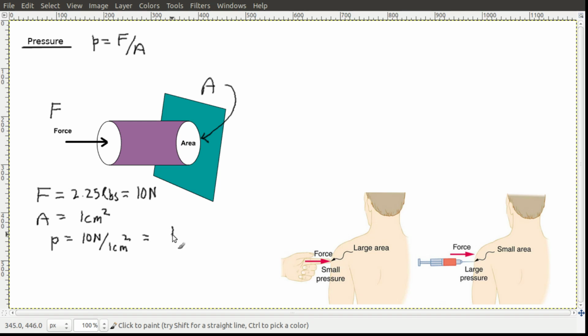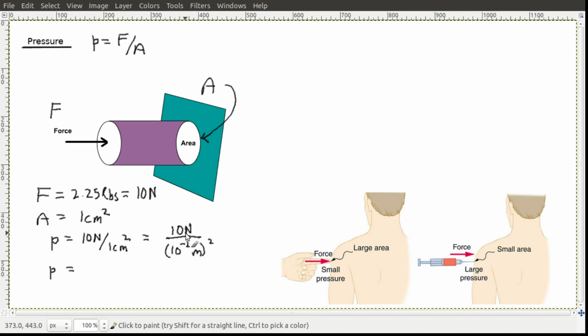Well, here we've got the 10 newtons on top, and centimeters go pretty quickly to SI units, right? We just take 1 centimeter as 10 to the minus 2 meters, 1/100th. But here we have to square it.